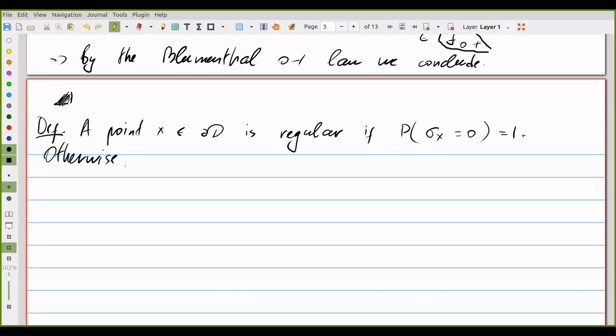Otherwise, it is called irregular or singular. It depends on the author, to be honest.